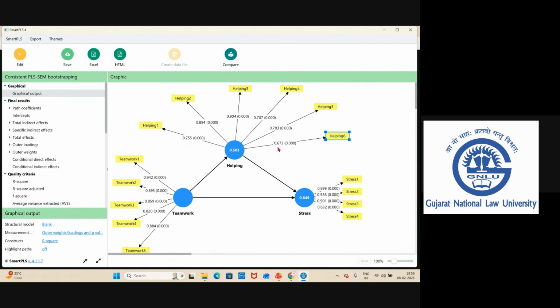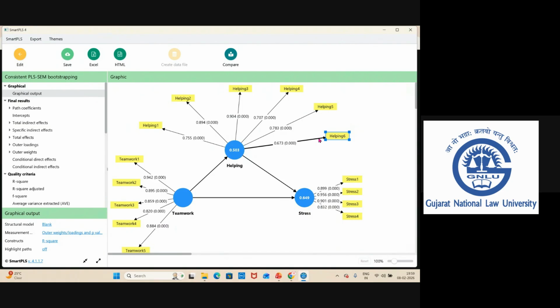I'm repeating again. If your value is less than 0.7, for example, if it is 0.5 or close to 0.6, 0.62, 0.63, you can delete this indicator directly.